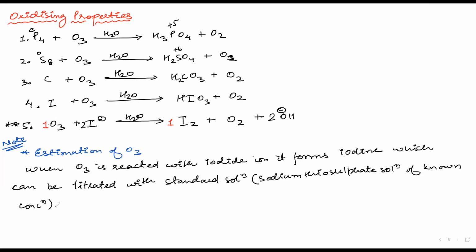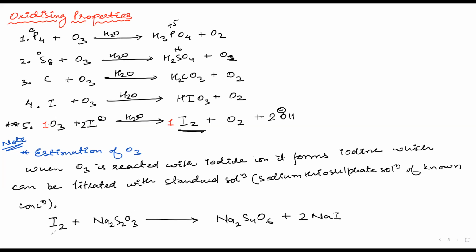So what is the reaction here? You have I2 plus Na2S2O3. This will give you Na2S4O6 plus 2 NaI.